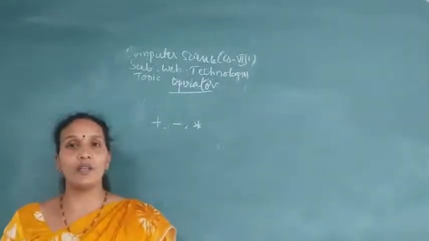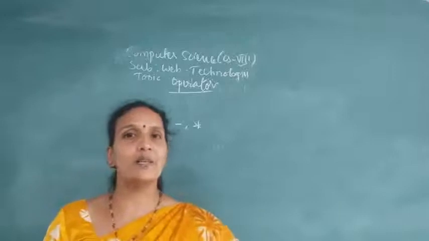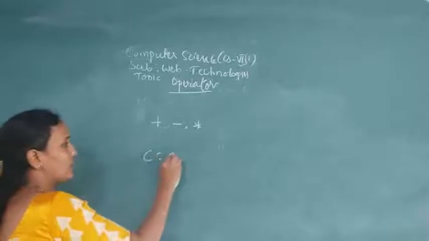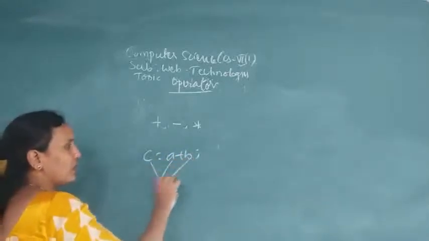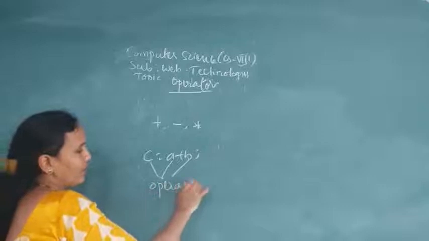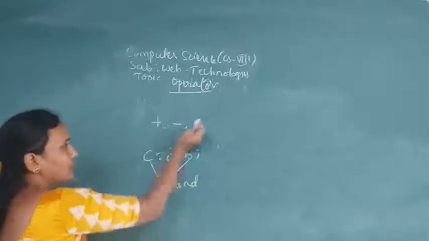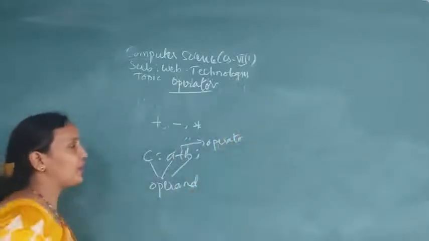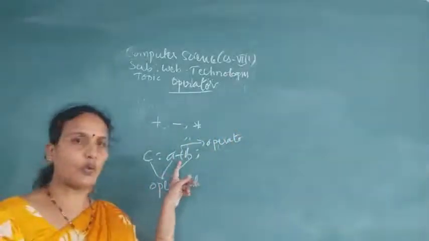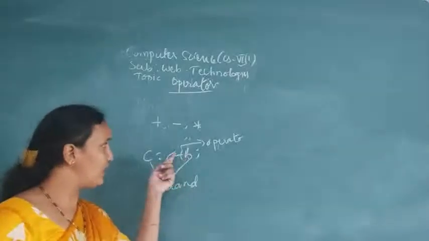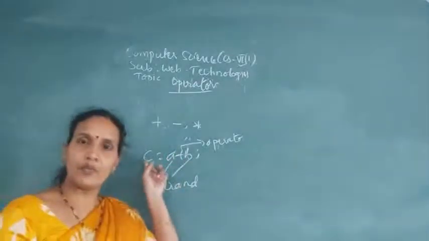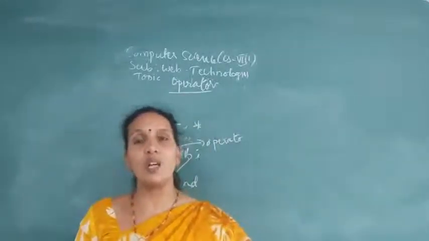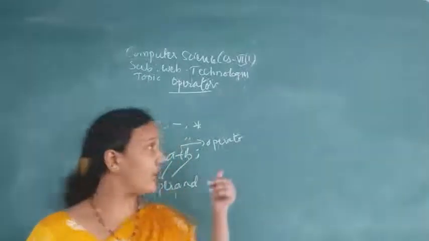Operator is a symbol which is used to perform some arithmetic and logical operations on operands, like this: C equals A plus B. Here these three are called operands. This is called an operator. Here what type of operation are you performing?